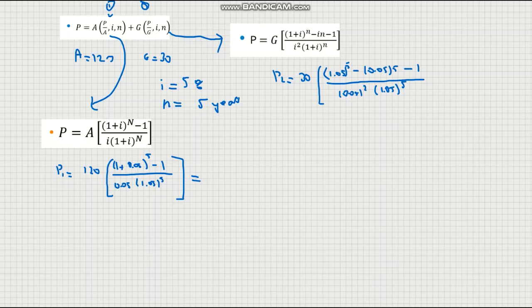We just need to find these two values, and we will add each other, and then we will find the present value. Let me calculate and come back.